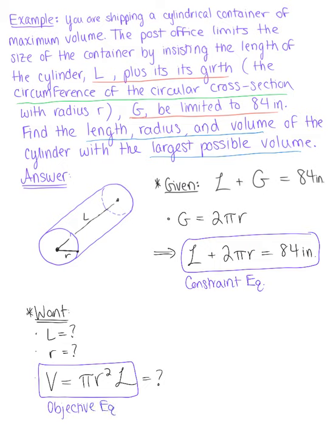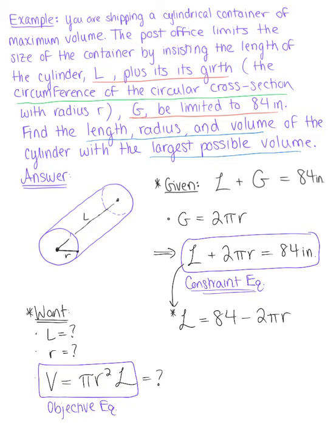Just in looking at this, we can see that it has too many variables. So we want to use our constraint equation to rewrite the volume in terms of a single variable. From our constraint, I'm going to solve for our length. So we have that L is equal to 84 minus 2 pi r.